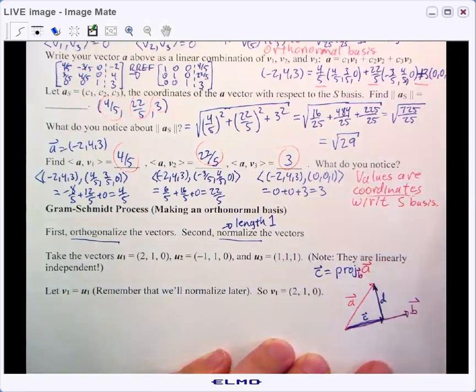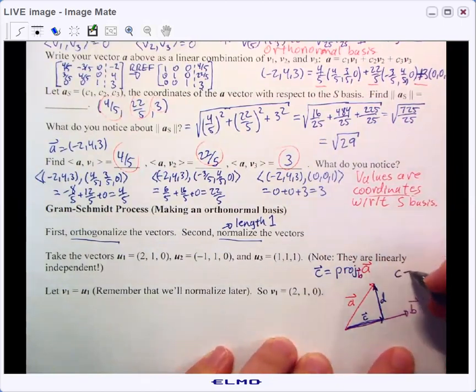Now, another thing to note is that the C vector plus the D vector is equal to my original A vector that I was starting with.